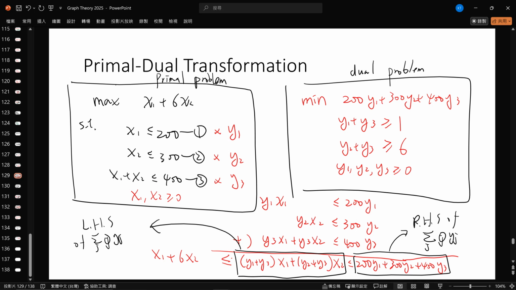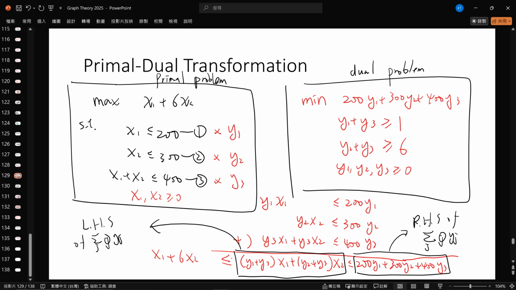In this inequality, the variables x1 and x2 now have new coefficients in terms of the y's on the left-hand side. On the right-hand side, we again have a weighted combination of y.